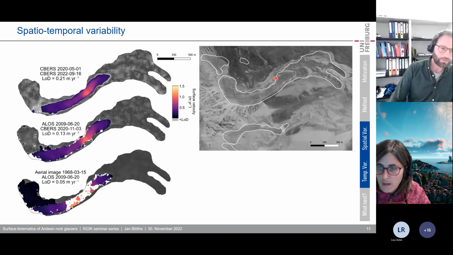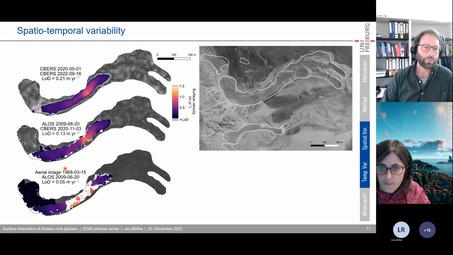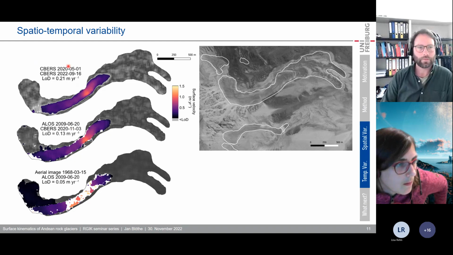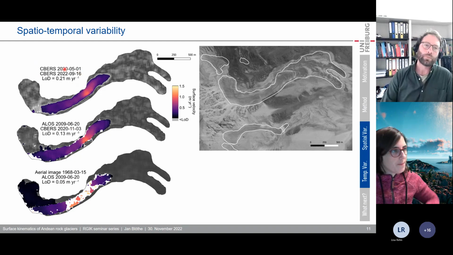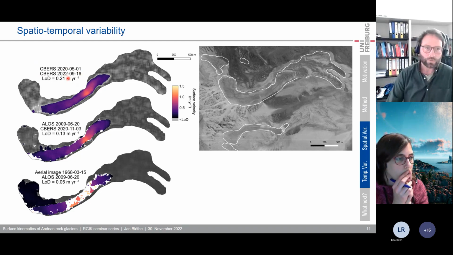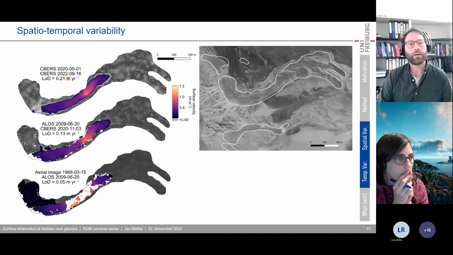And we were looking at feature tracking in aerial imagery from 68 to 2009 ALOS data, and then the next time slice here is ALOS data from 2009 to CBERS data from 2020, and then in the last step up here, you see 2020 to 2022, so just the last 2 years, also based on CBERS data.